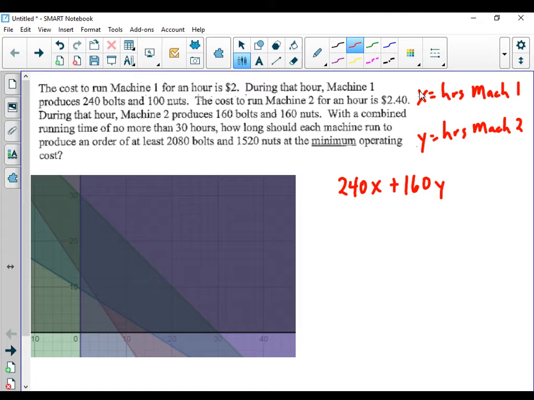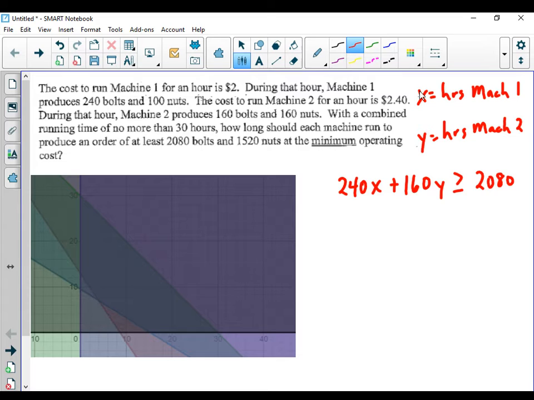And we want to make sure that we run the machine long enough to produce at least 2,080. So that means we need to equal 2,080 or exceed 2,080. A lot of the problems we've been doing so far have been less than situations. This is a greater than situation.